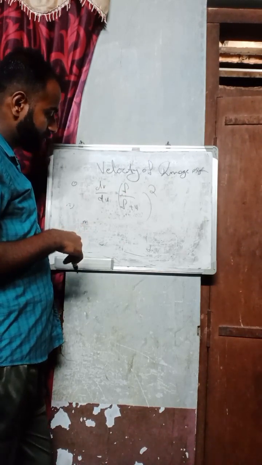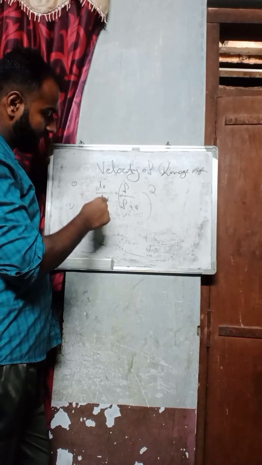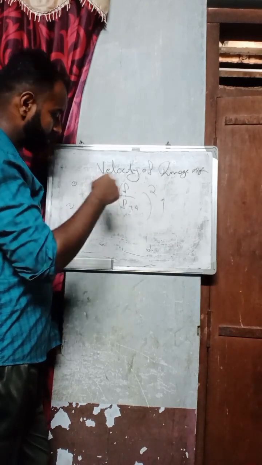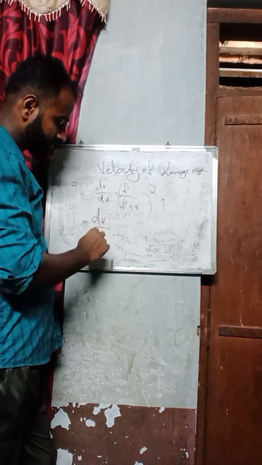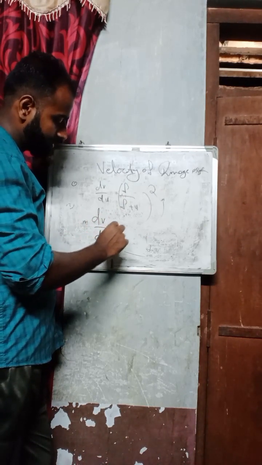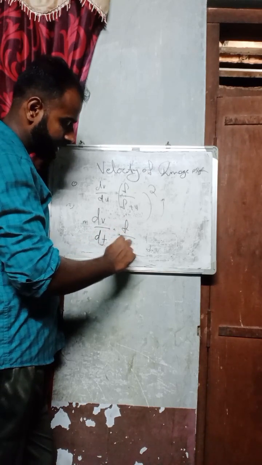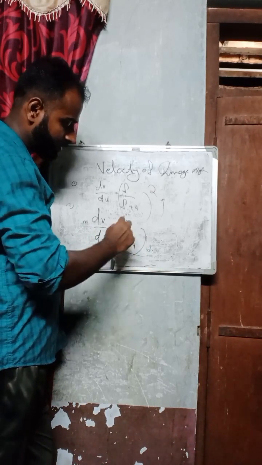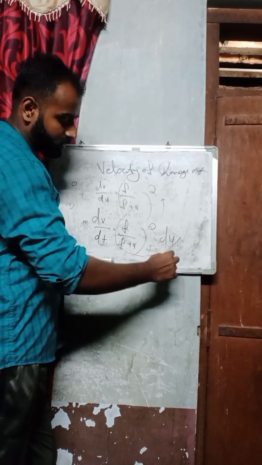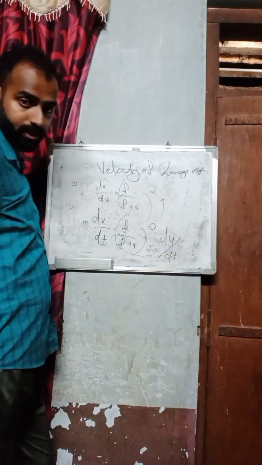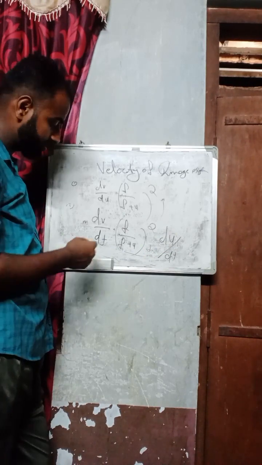So I can rearrange: I can shift dU to here, then divide by dt, that is dV by dt is F by F plus U the whole square into dU by dt. I hope this is clear.